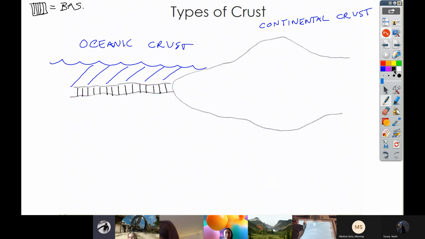And this is our symbol to represent rocks of the salt. So add that key on there. Next, we want to show the type of rock that makes up the continental crust. So I'm going to add it to the key first. And this is mostly granite.